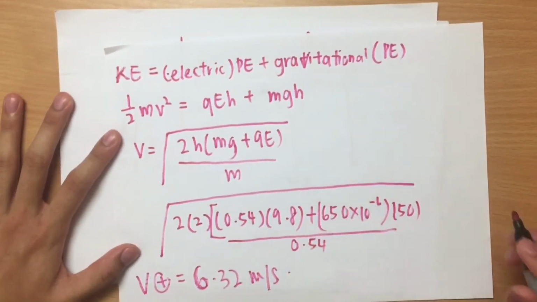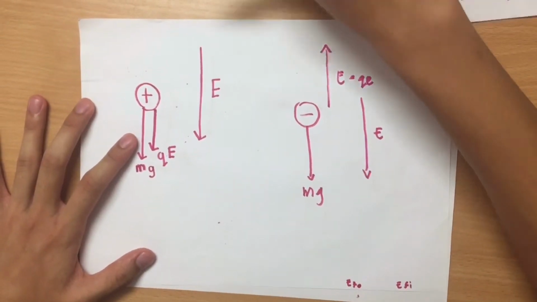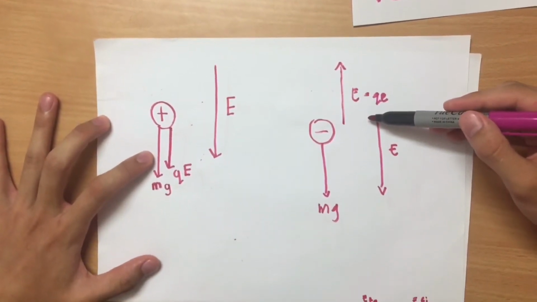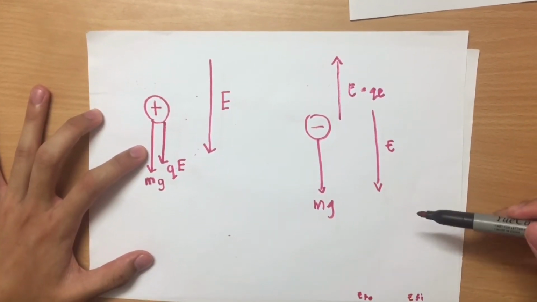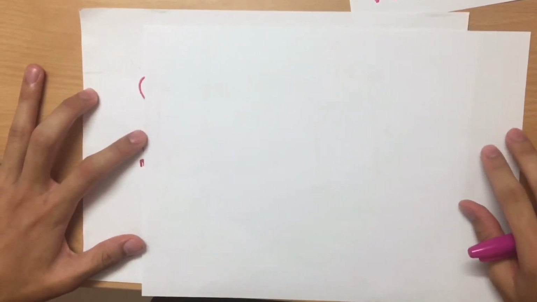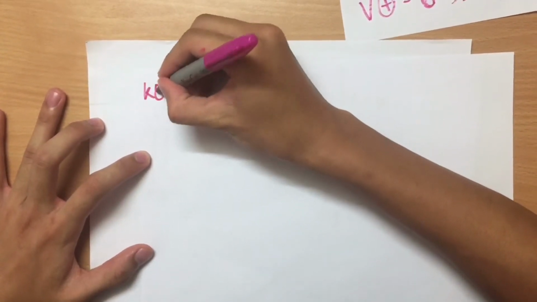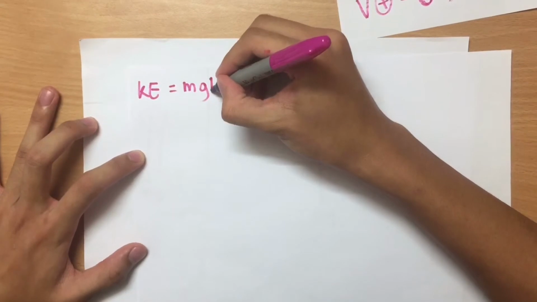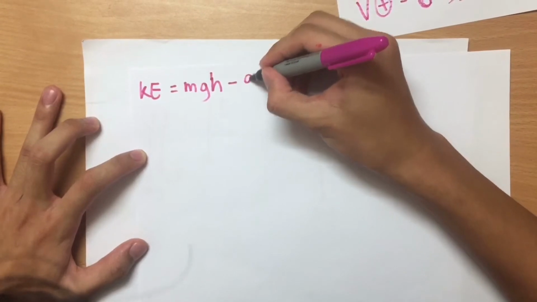meter per second. Okay, for the negative charge, we know that the electrostatic force is pointing upward and it is opposing the falling motion, so the electric potential will be increased when it falls. So the conservation of energy equation for the negative charge will be KE equal to mgh minus QEh.